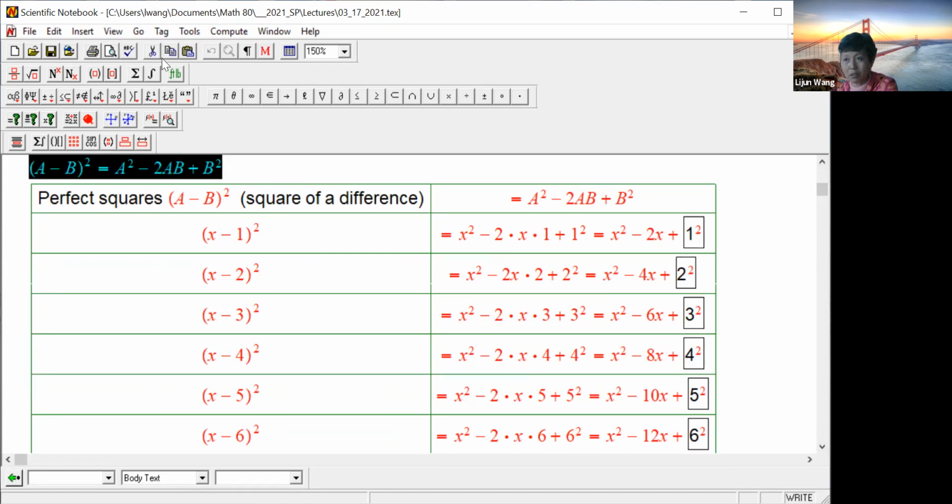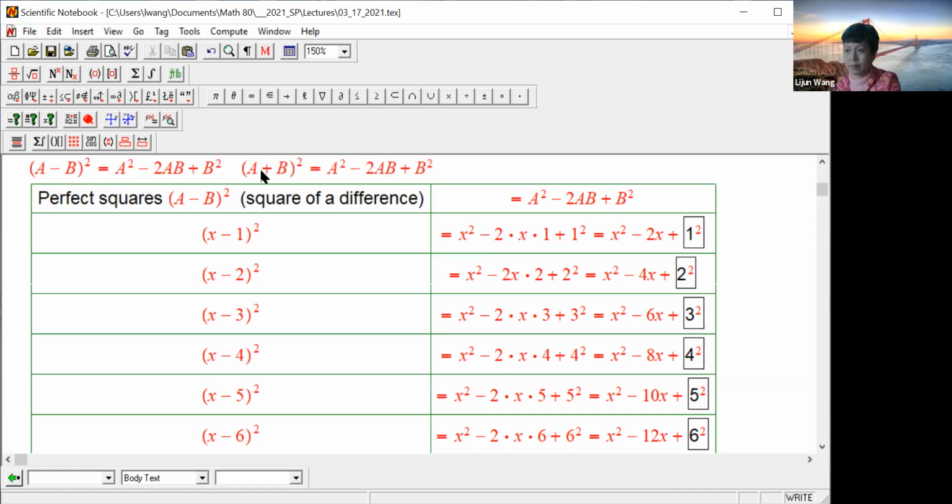When you have a plus b squared, this will be plus. But here it's always plus b squared, never subtracting. Do you follow me?